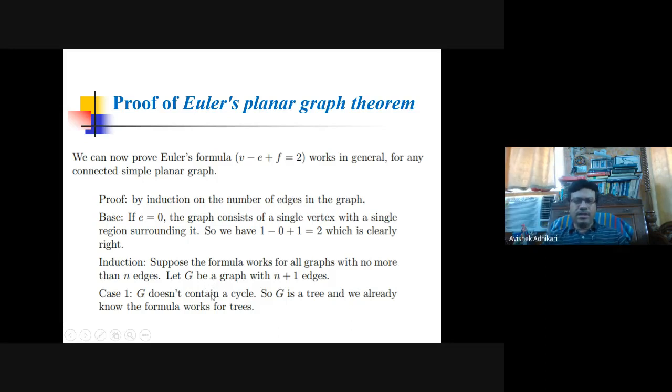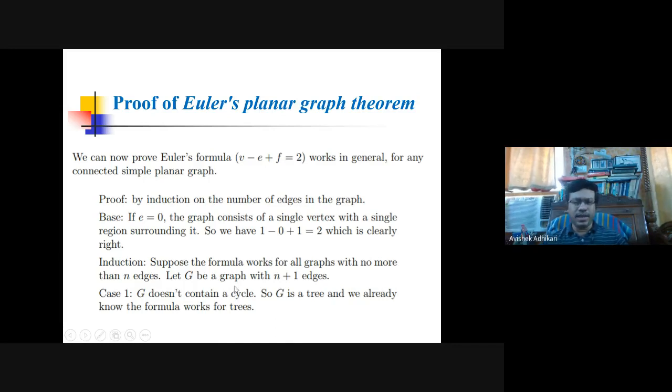Two cases may happen. Either G contains some cycle or G may not have any cycle. If G cannot have a cycle, then what should be the structure of this graph?